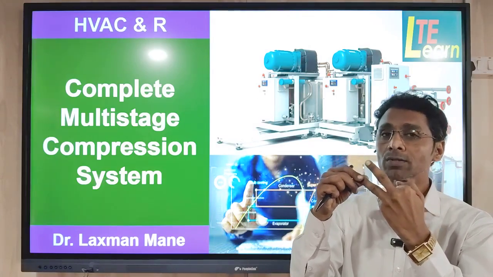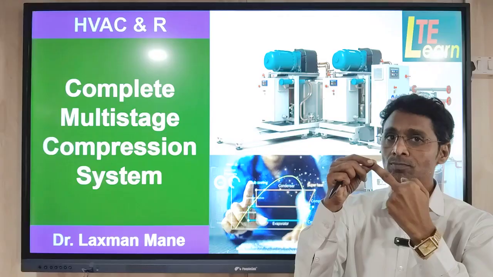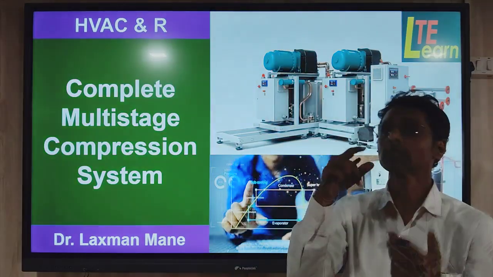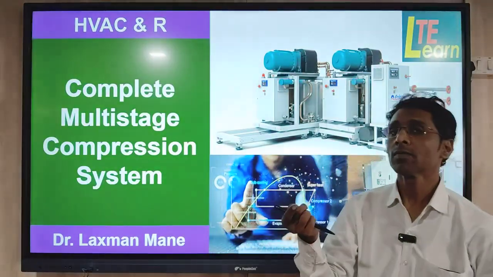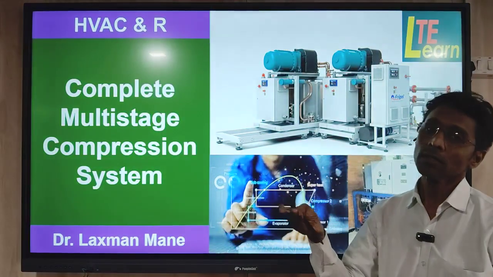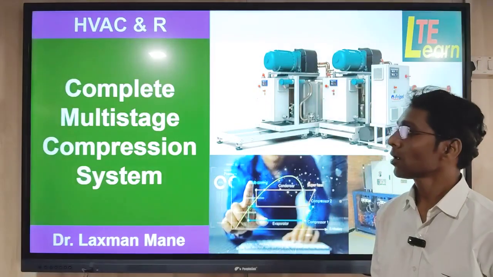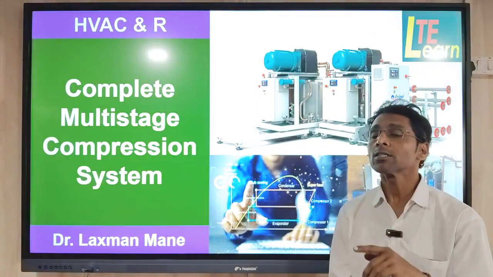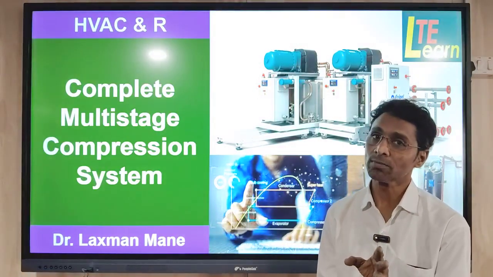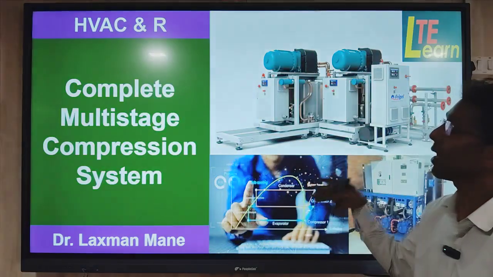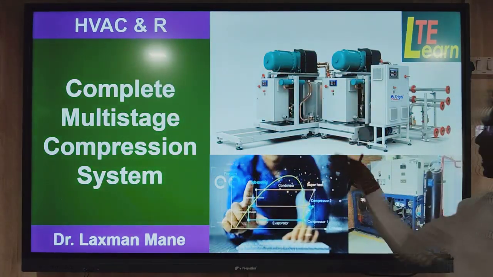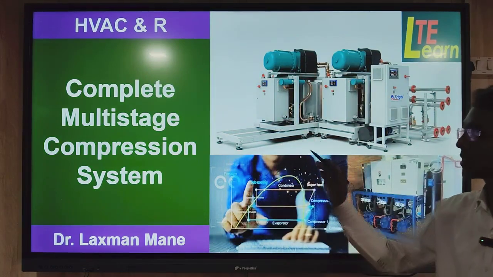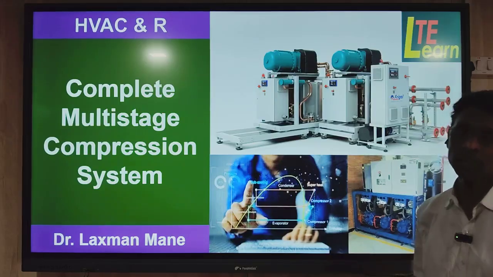Then after that we have seen the consumptions, compressor 1 consumption, compressor 2 consumption, then the sum of these two, that is the net power, and then COP, that is output divided by input. In this we have also seen how to find the mass flow rate M2 dot, using the energy balance, heat balance equation at the flash chamber. So in this way now we can use this theoretical idea to solve the numerical of the complete multi-stage compression system in the next video session.